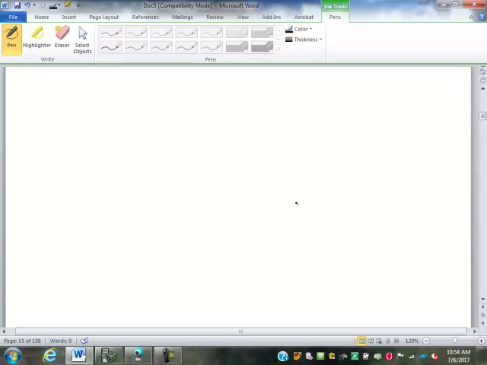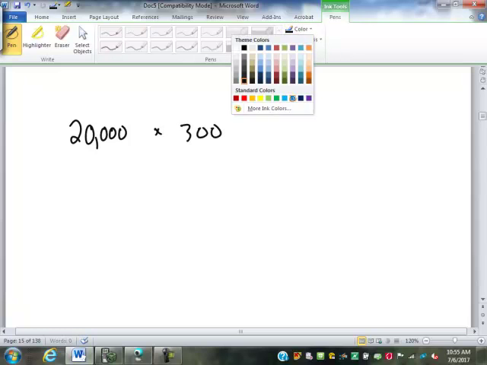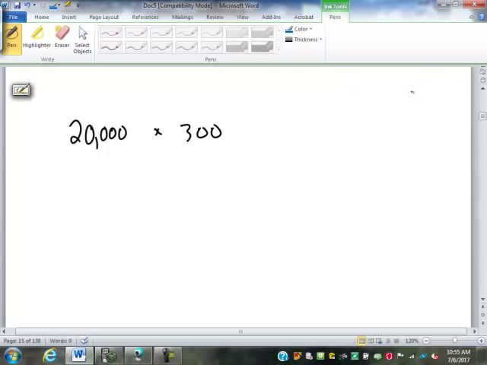Okay. Multiplying or dividing. Estimating with those looks a lot like our estimating with zeros. Like if I have 20,000 times 300. When we went to estimate that, we did 2 times 3, which is 6, and then a bunch of zeros.